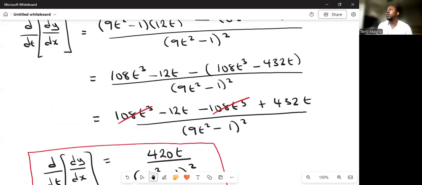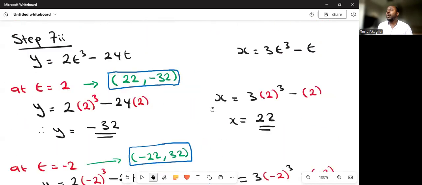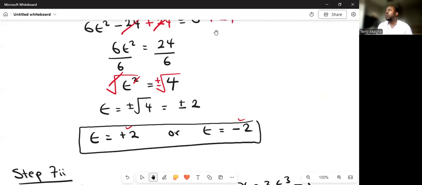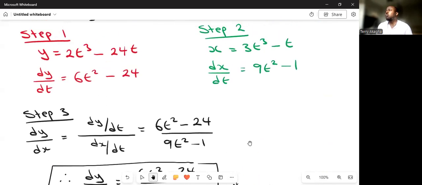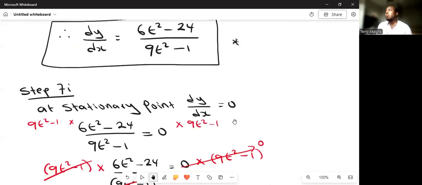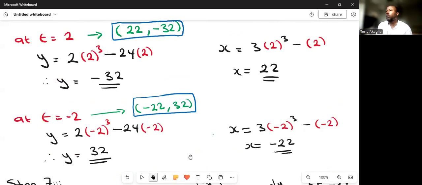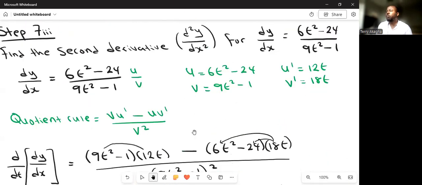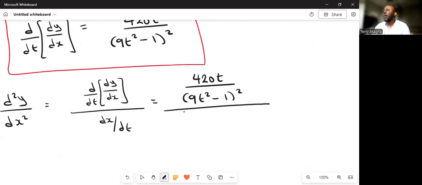So we need to go back all the way up to look for dx over dt. Yep, dx over dt, we had it to be 9t squared minus 1. So we're dividing it by 9t squared minus 1.